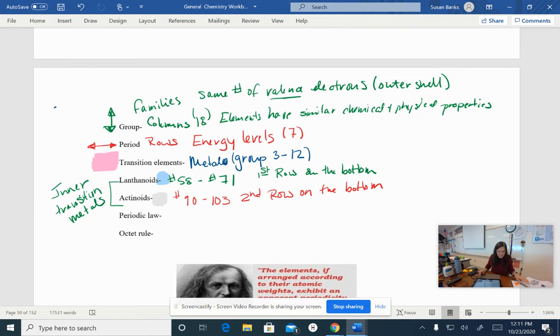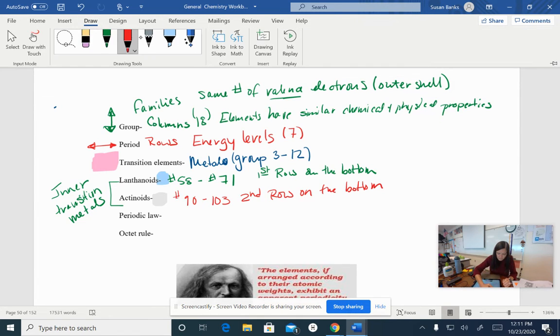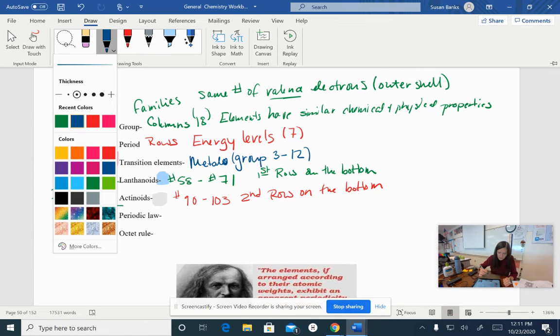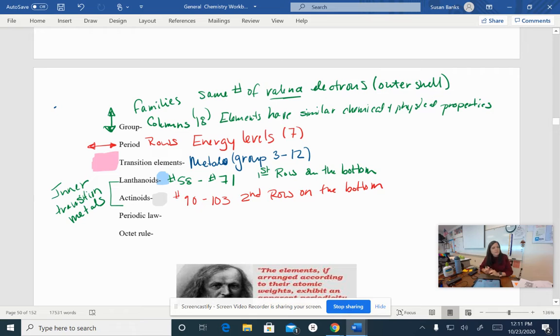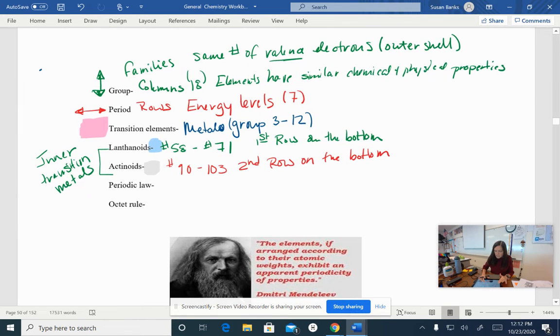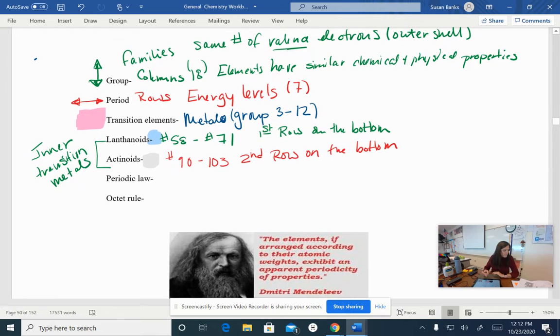Okay, the next thing we want to talk about is the periodic law. Okay, so when we talk about periodic law, we are talking about a law that Dmitri Mendeleev gave when he proposed this periodic table. Now we're going to get into the history of when he proposed the periodic table and how wonderful it was, but this is one of the laws that he used to propose it.